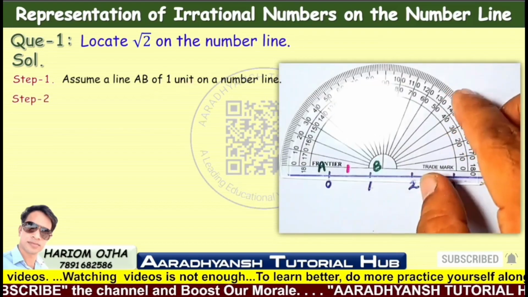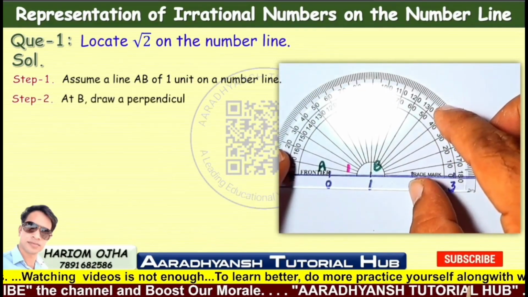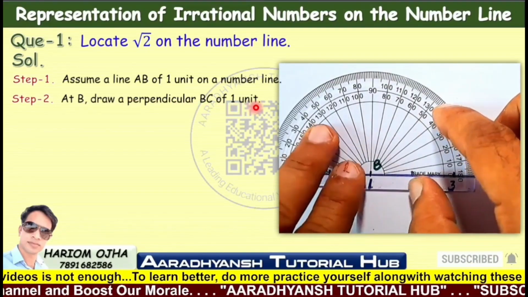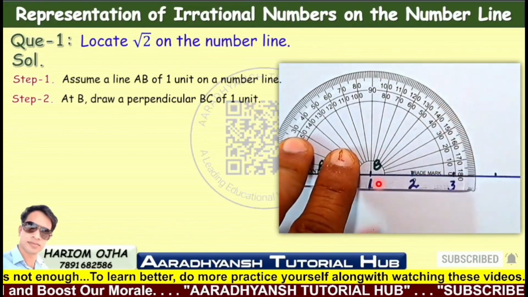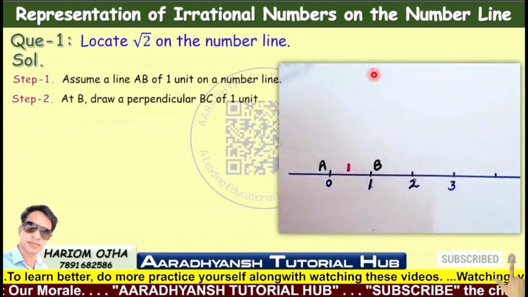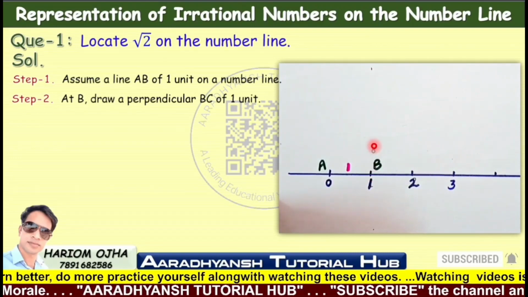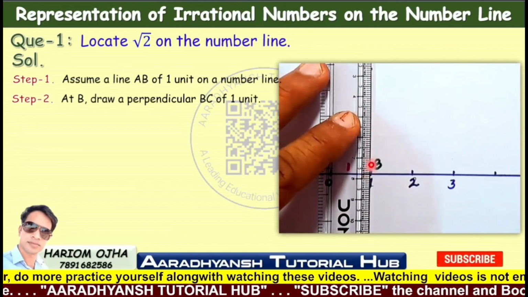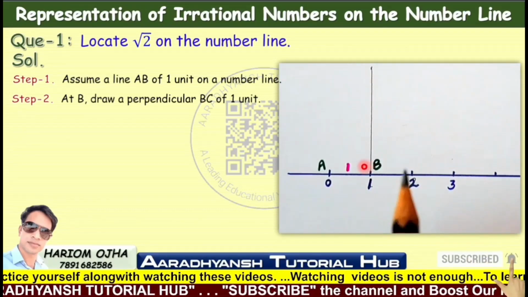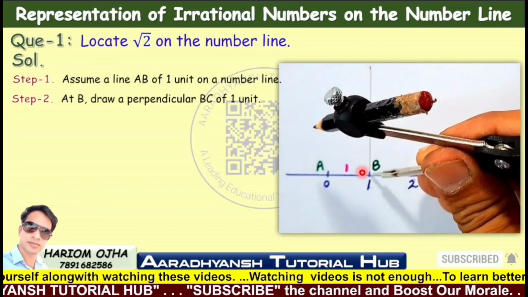And the next step, at B, draw a perpendicular BC of 1 unit. So here at the point B, we are going to draw a perpendicular. You know what is perpendicular? Perpendicular line is a vertical line that forms a 90-degree angle with its base.